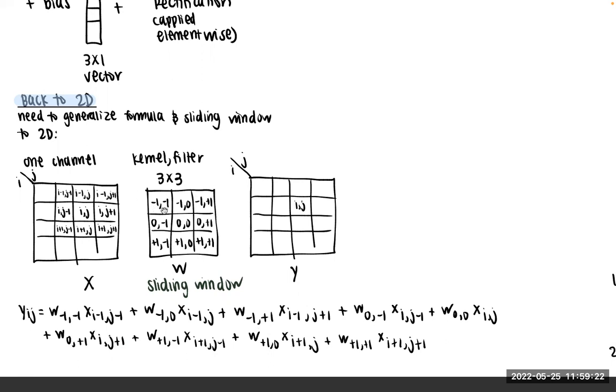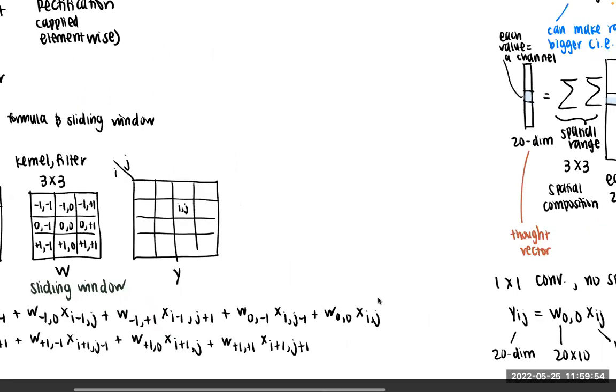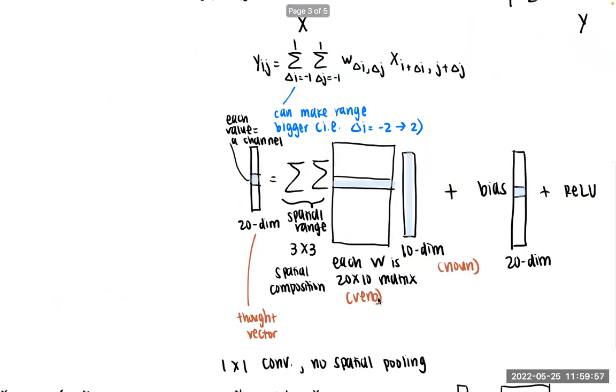And each one is a delta I, delta J. You see delta I, delta J here is -1, -1, and here is 1 and 1. And for each shift, you have a W, say W -1,-1 and W 1,1. Then you sum them over. And at the same time, you also shift I and J here, so this is I plus delta I and J plus delta J. So we just write this formula in a more concise form.